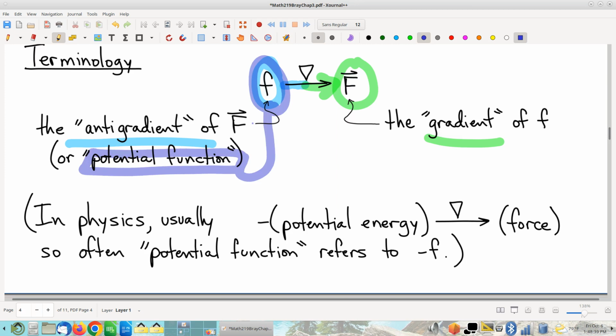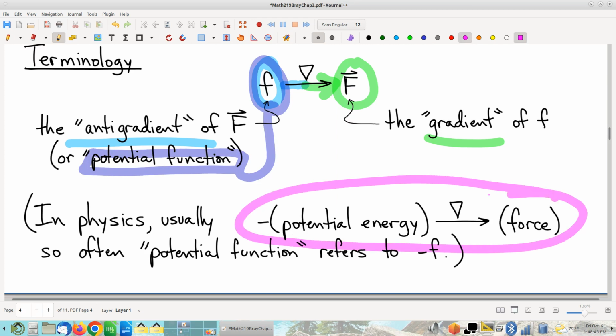Where it comes from is this fact: there is a relationship in physics between potential energy and forces. And so, okay, cool, that's the deal. This is just how physics works. Take a physics class if you want to hear more about this.